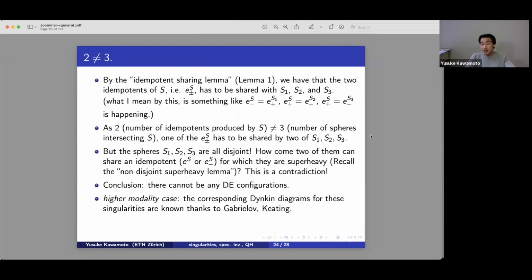But as Umut pointed out, you have this adjacency property that tells you that part of the modality 1 Dynkin diagram is embedded in the higher modality Dynkin diagram. So actually you can find a similar nasty configuration that you want to rule out, and you can complete the proof in this way. So that's the proof.